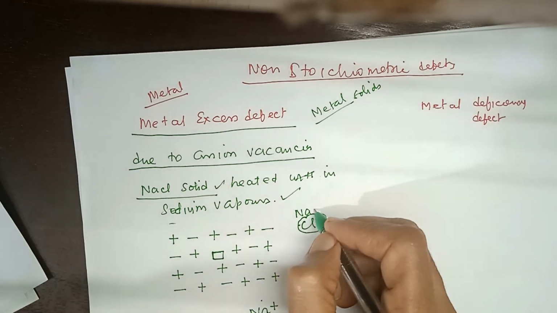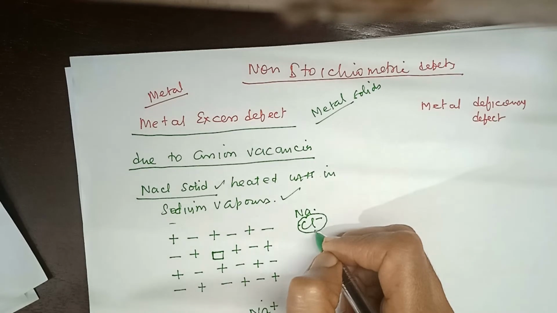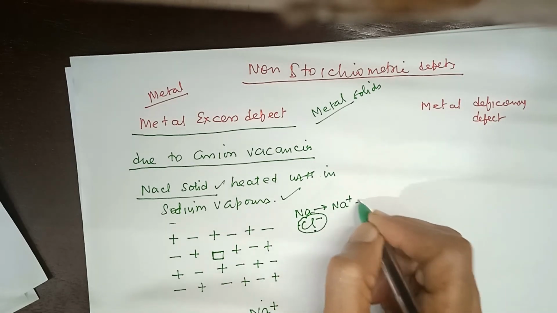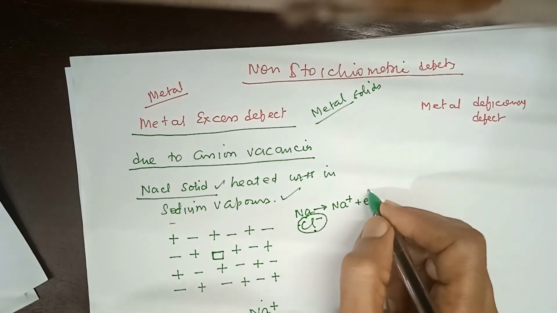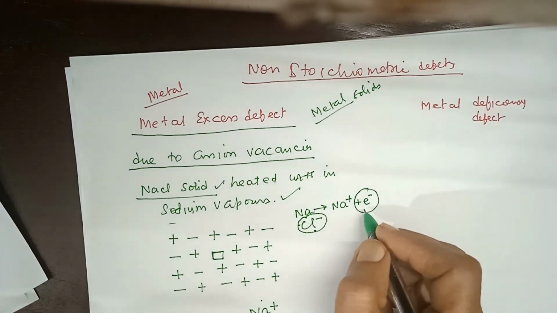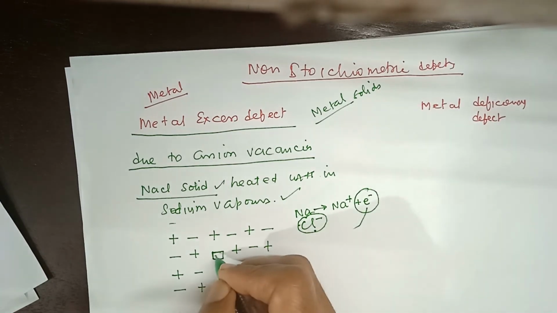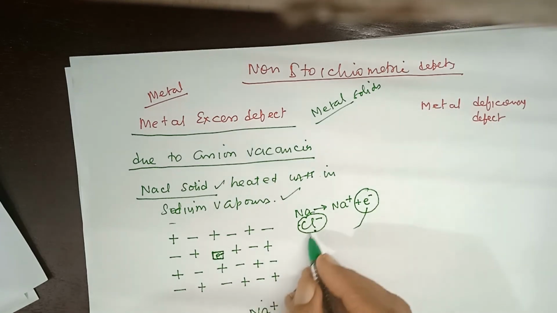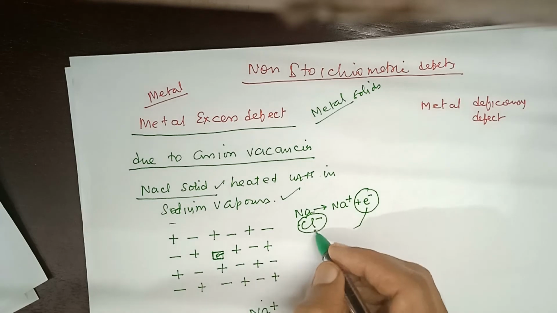And Na, when combined with Cl ion, gives Na plus plus e minus. They release an electron and this electron occupies this vacancy created by the movement of this chlorine ion.